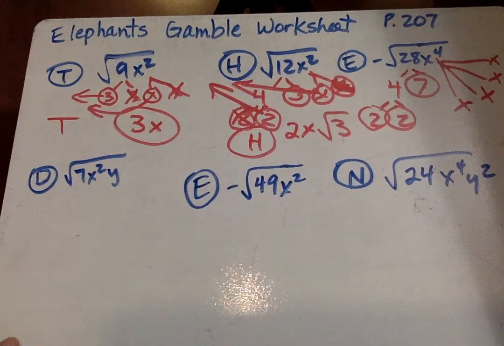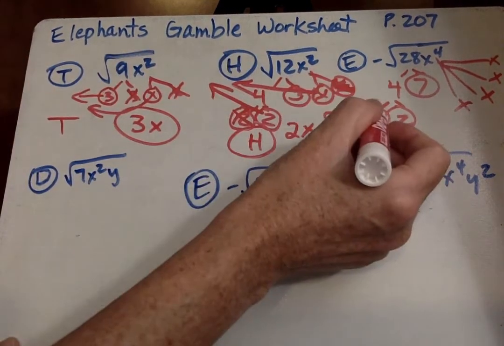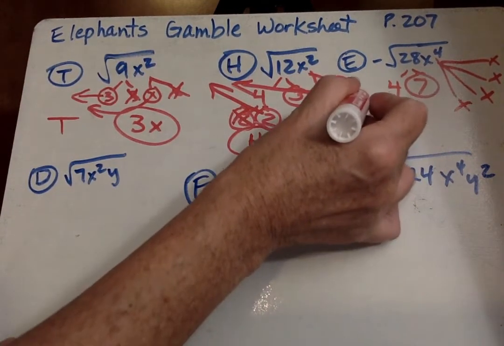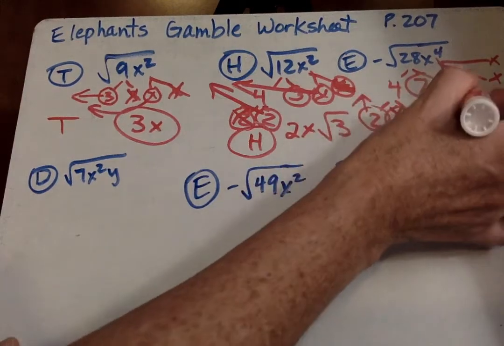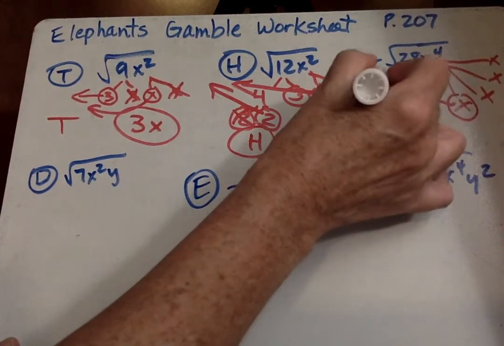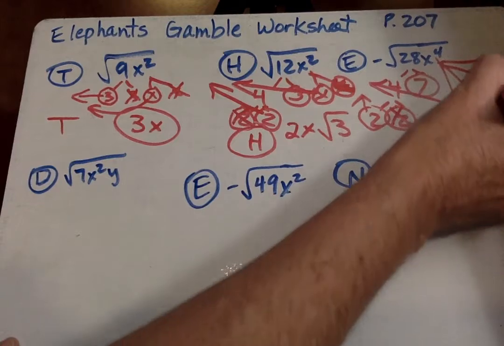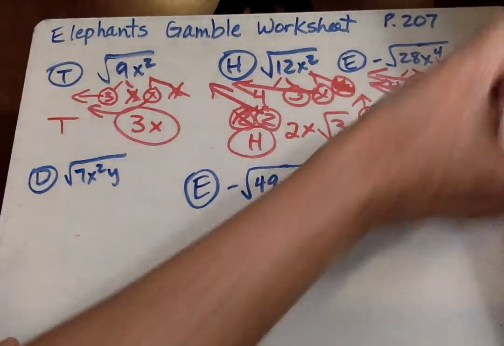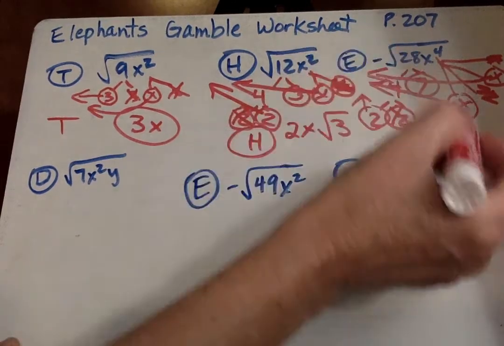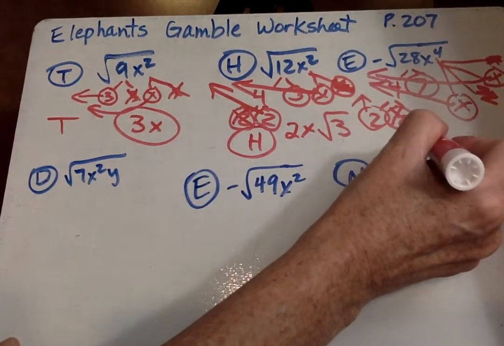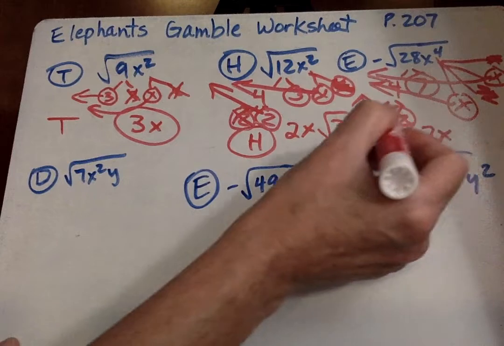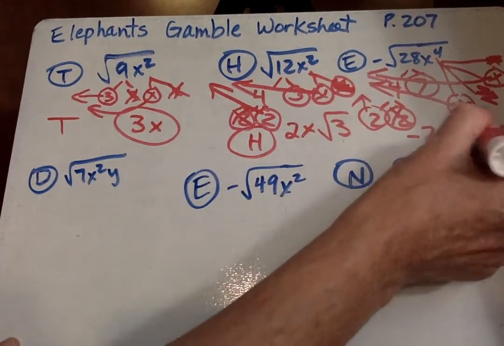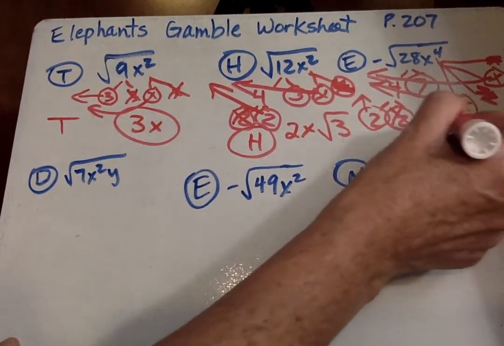Now you need a pair for 1 to come out. So here we have a 2 that will come out, cross that out. We have an x that will come out, cross the next one out. We have another x that will come out, cross the last one out. So what are we left with? We have a negative on the outside, 2, and an x on the outside, and what's left underneath? Square root of 7.